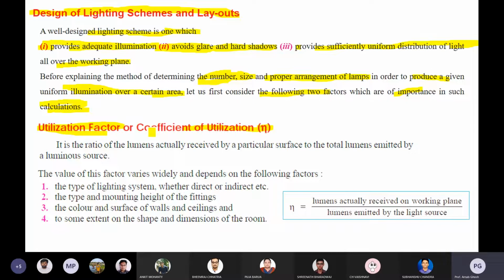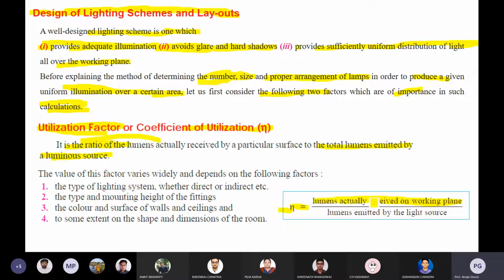So eta equals the lumens actually received on the working plane divided by the lumens emitted by the light source. Light is emitted from the source, and how much is received is the ratio in between.